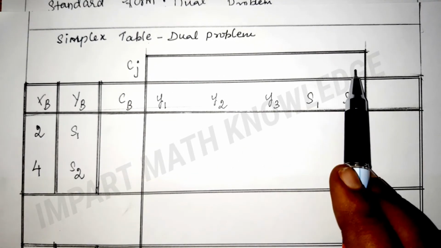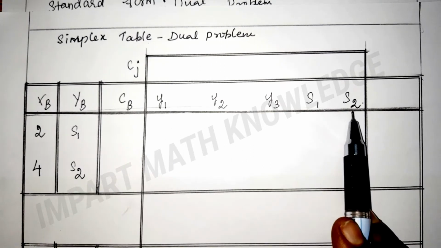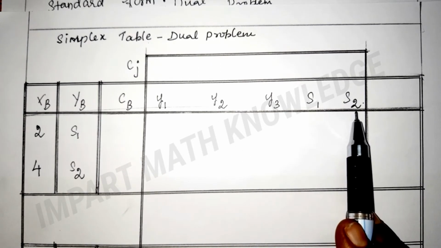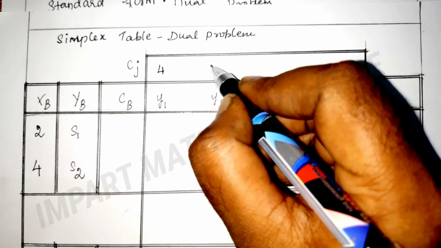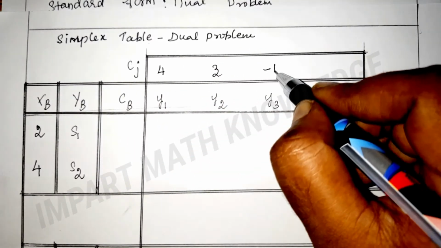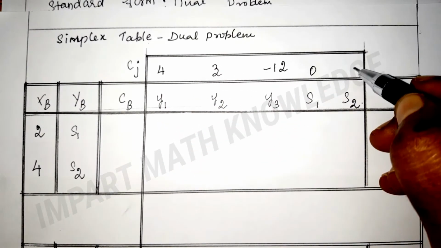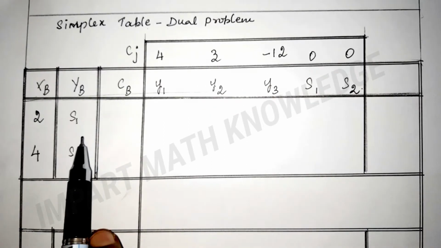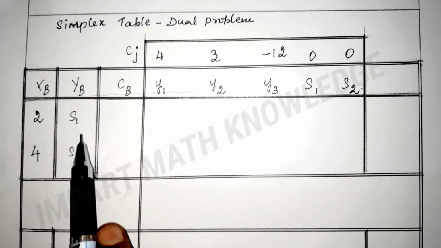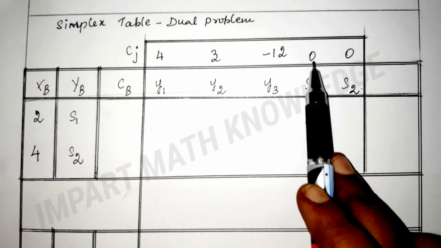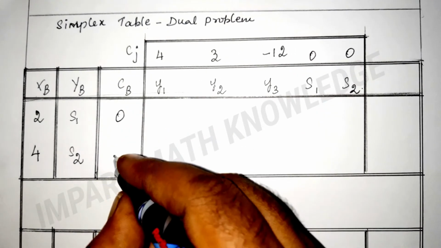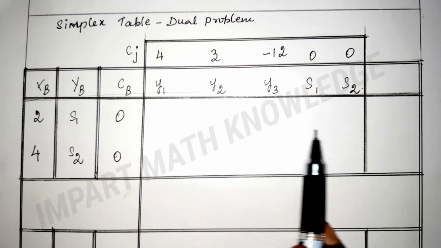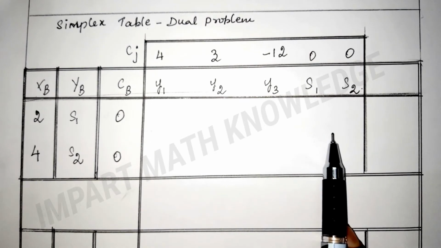Here you write the coefficient of the given variables in the objective function: 4, 3, minus 12, 0, 0. CB is nothing but the cost of these two variables in the objective function, that is 0. Here you write the coefficient of the given conditions.